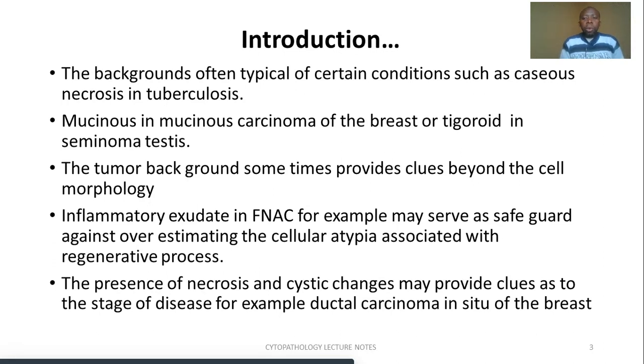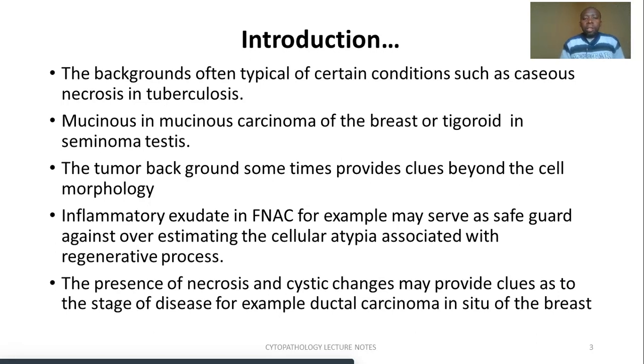So when we look at the background and have this in mind, it will give us a hint on how we should draw our conclusions, so that we should not run so fast to imagine that we are dealing with atypical or pathological changes, but actually this could be as a result of repair and regenerative changes which may not be malignant changes in the cell.